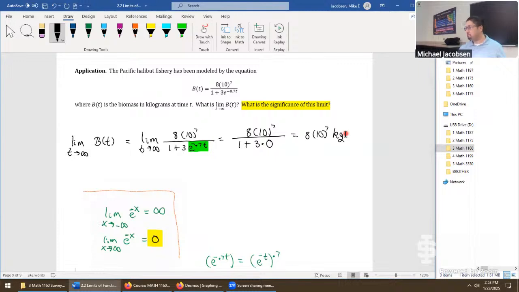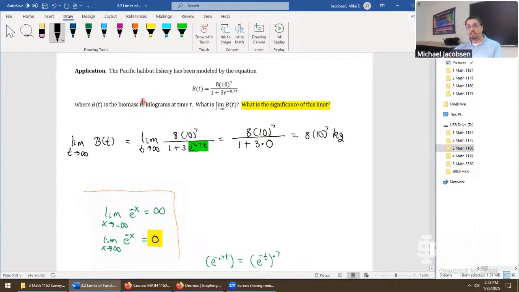Okay, so here's the hardest part of this problem. We now need to say what this means. The best way to do these kinds of problems, where you're giving an interpretation to the quantity you've just calculated, is a bit of role playing. Imagine you are the owner of this Pacific halibut fishery. Your main concerns are how much revenue you're going to get out of it, and what is the maximum biomass you could ever get in this halibut fishery.